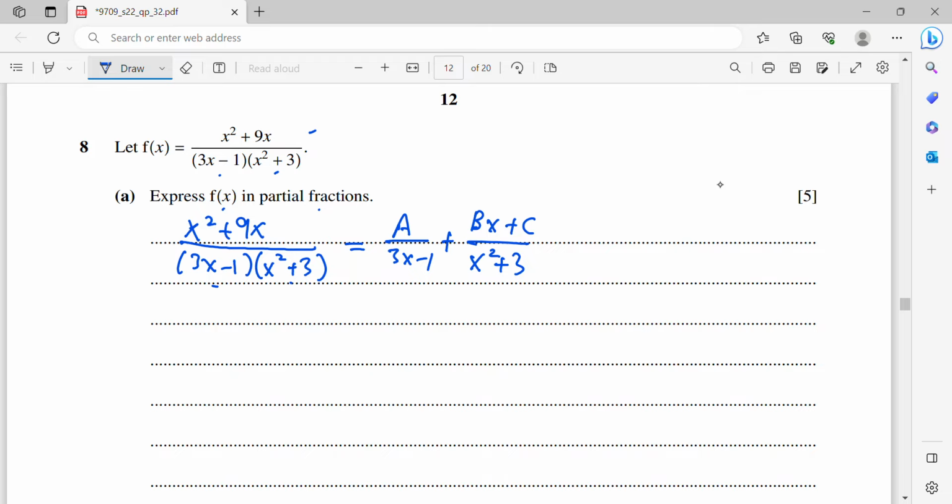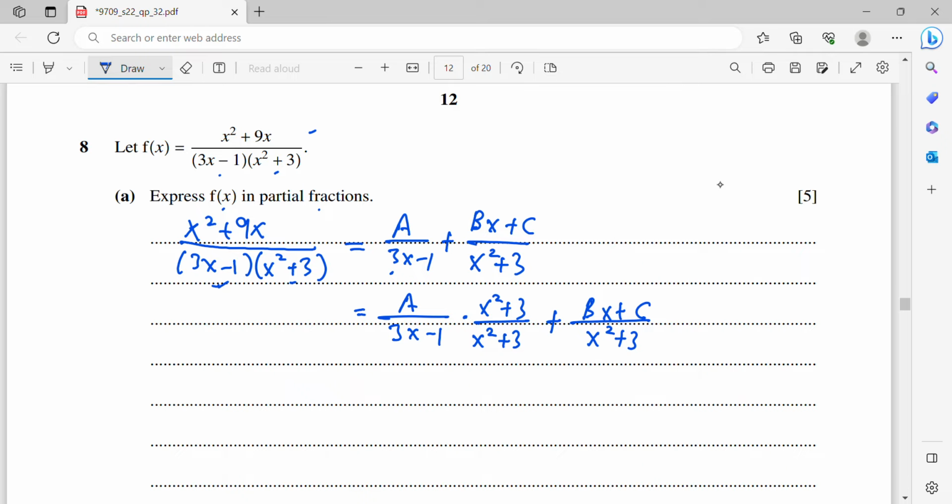Now, when we need to get the partial fractions, we need to get the same denominator as in the left-hand side. Therefore, for the first term, I need to multiply by the quadratic factor and divide by the same term, plus (Bx plus C) over (x squared plus 3).